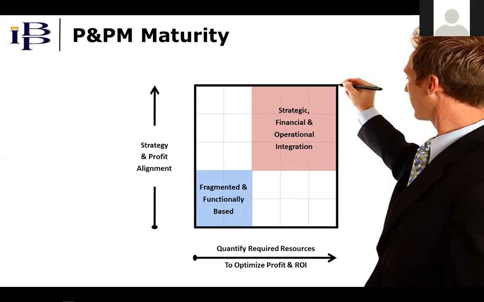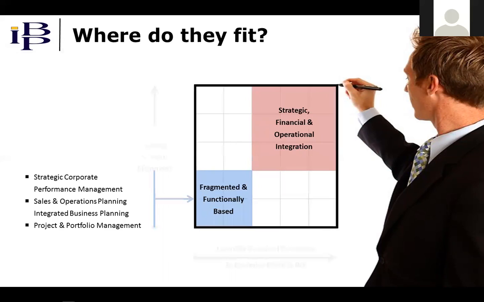The one on the bottom left is what I call fragmented and functionally based, and the top right is strategic, financial, and operational integration. If you look at most of the tools that are available today, strategic corporate performance management, sales and operations planning, integrated business planning, and project portfolio management, what they're offering is what I would call the lower end of integration.